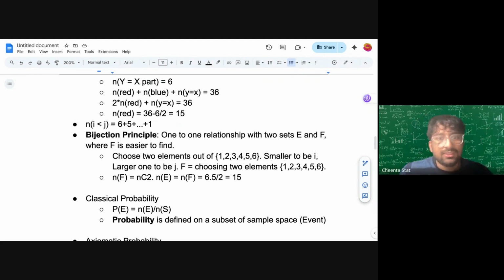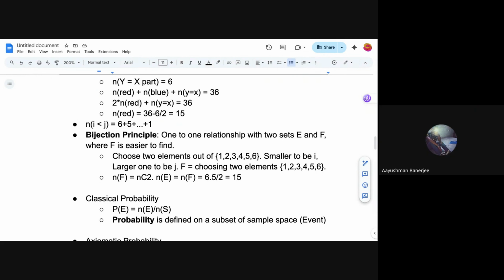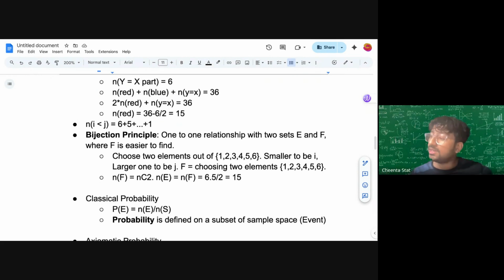When you're choosing a set, there's no order, but when you're making an order, you have to put a condition, because 2 comma 5 can be either 2 comma 5 or 5 comma 2. So we are just choosing one of them, that is i less than j.